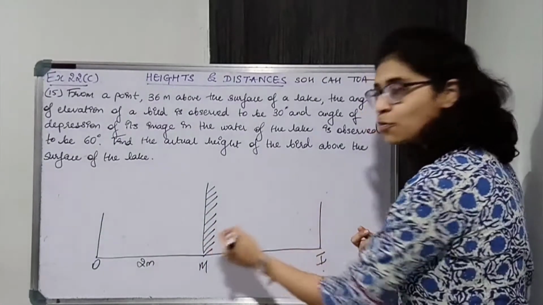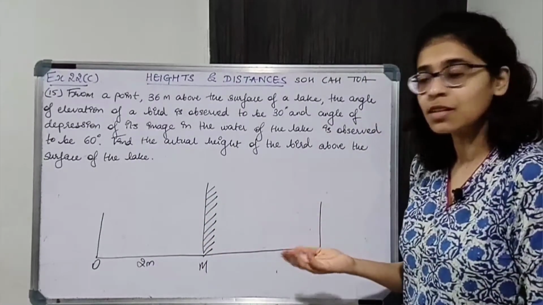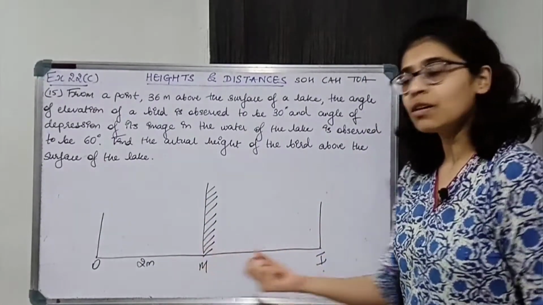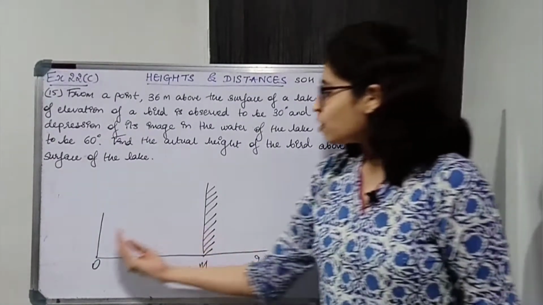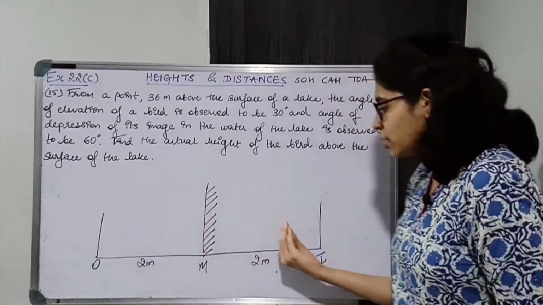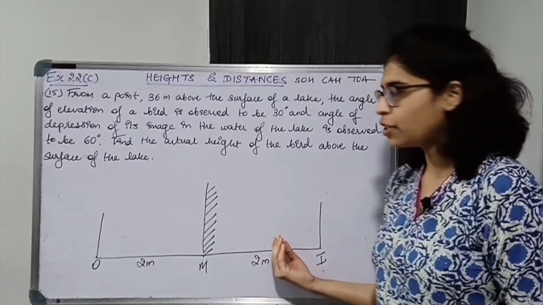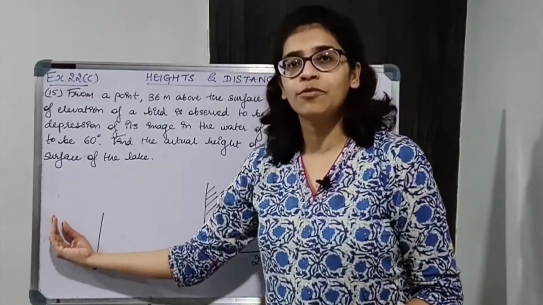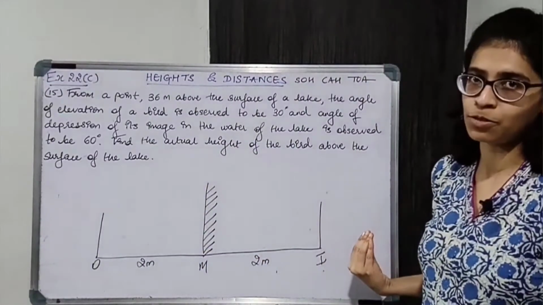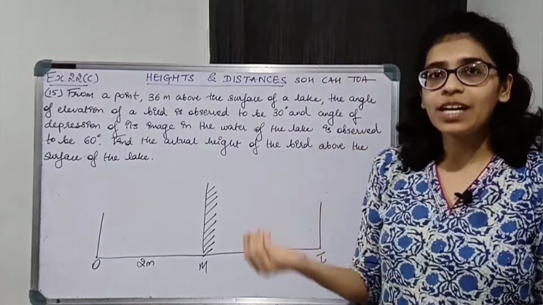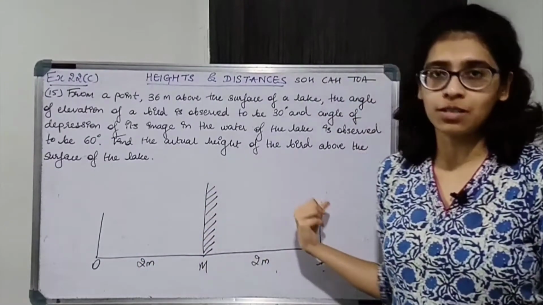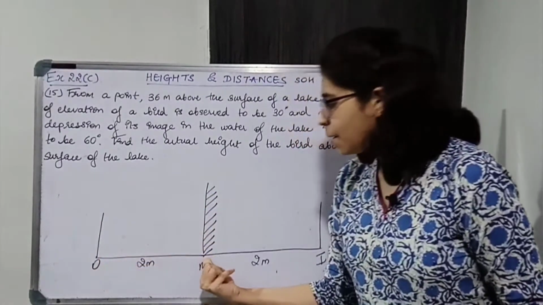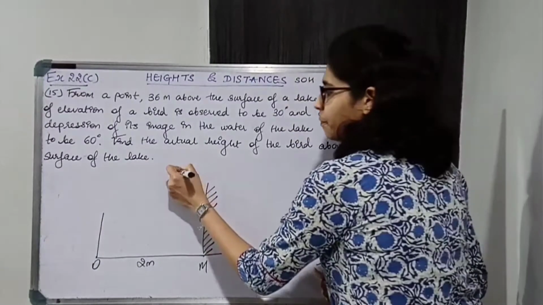So the image formed behind the mirror, how much will its distance be? Its distance will also be 2 meters. So if you are standing at a distance of 1 meter, the image distance will also be 1 meter. If you are standing at a distance of 5 meters, the image distance will also be 5 meters. So always the object distance is equal to the image distance. So OM is equal to IM.